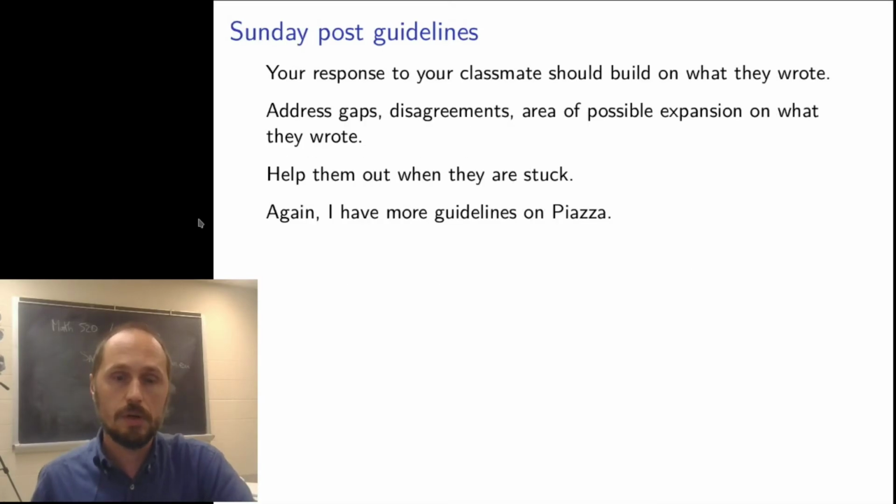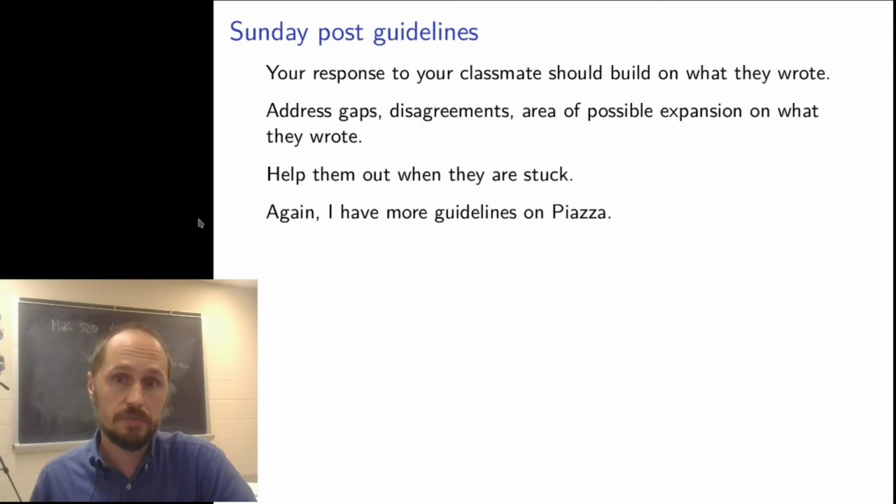Okay, so for your Sunday post, you should build on what your classmate wrote as their Wednesday contribution. So perhaps address a gap if there is one, address a disagreement, possibly expand on what they wrote, go into a little bit more depth on one of these ideas.